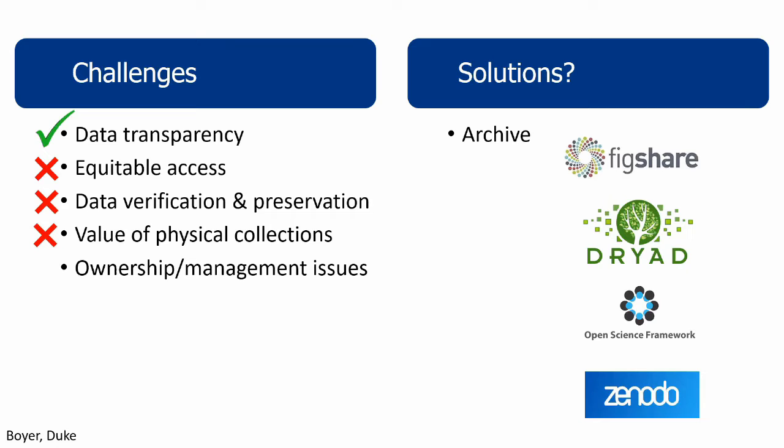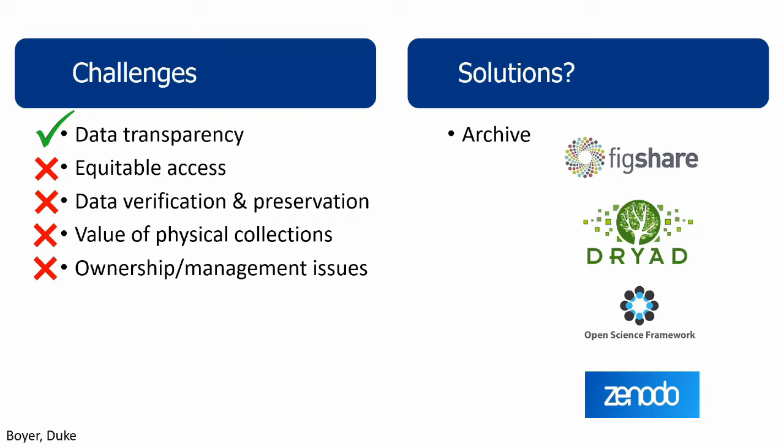And furthermore, uploading museum representing data to these sites cuts museums out of the loop and potentially contributes to the devaluation of physical collections that they represent. And relatedly, these sites don't provide mechanisms for nuanced management according to museum-specific policies.